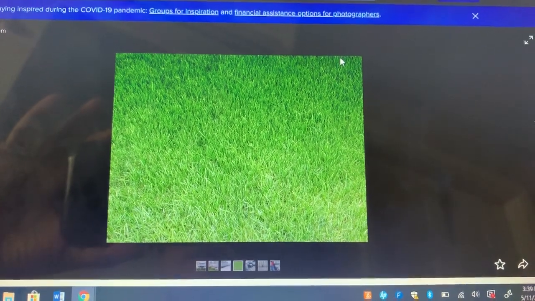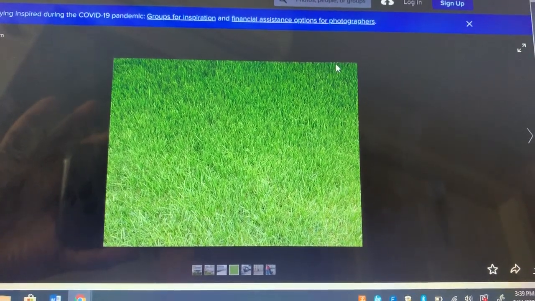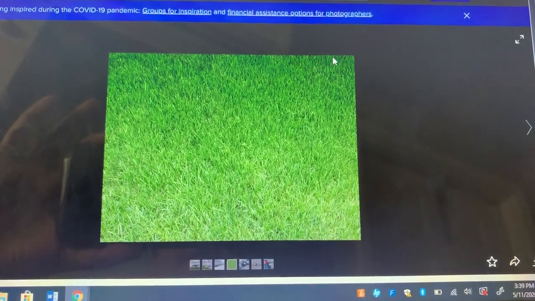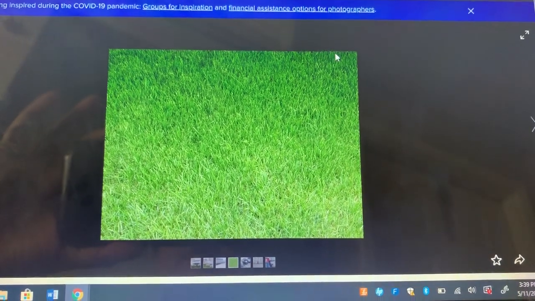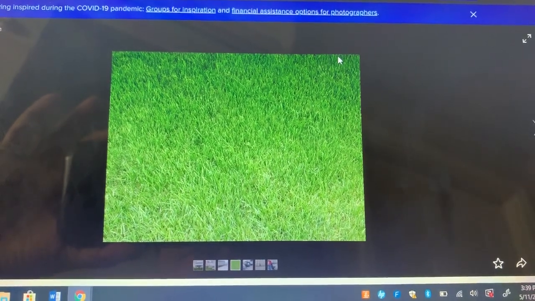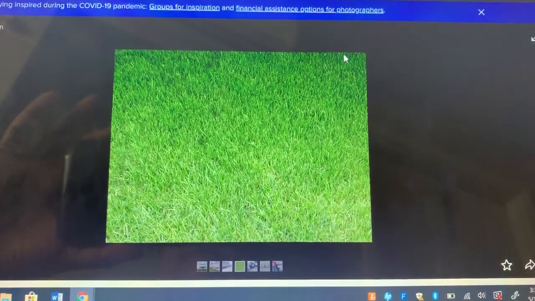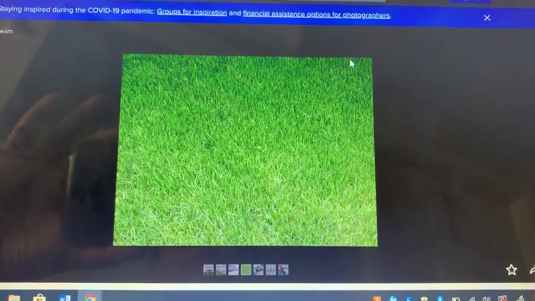Now I'm showing you a patch of grass because not long ago my sister works in art and theater, and they were trying to figure out for their setting, their background, they needed to get some of that fake grass. And just to find out how much grass they needed, a bunch of adults couldn't figure it out.